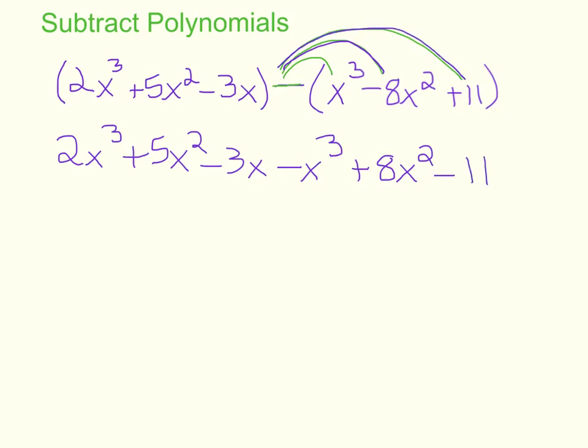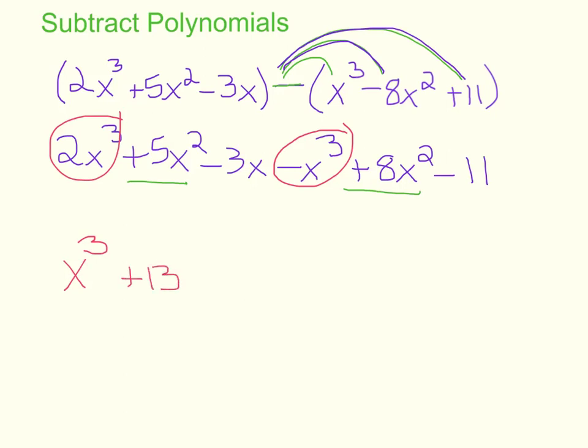So after you distribute, now combine like terms, 2x to the third, and then take the sign in front, minus x to the third is 1x to the third. And now 5x squared, take the sign in front, plus 8x squared is 13x squared.